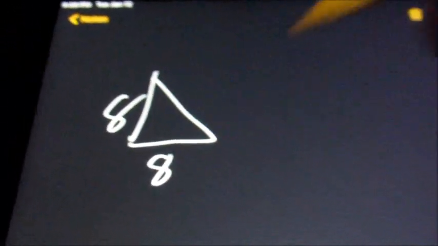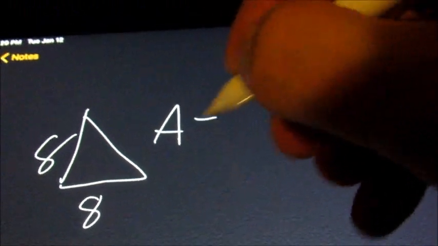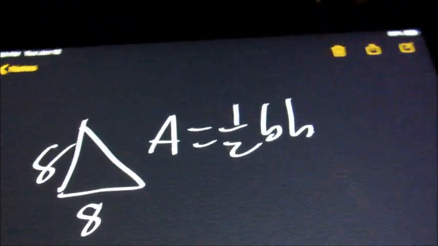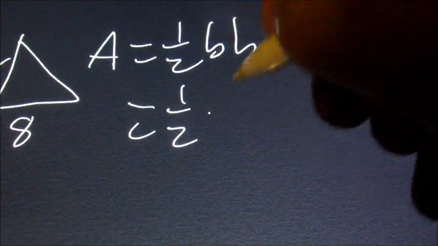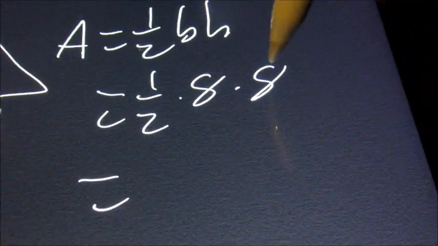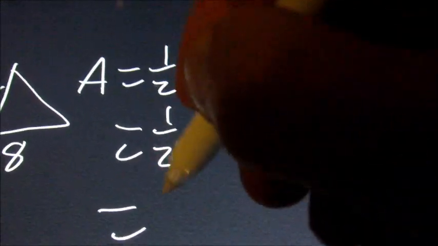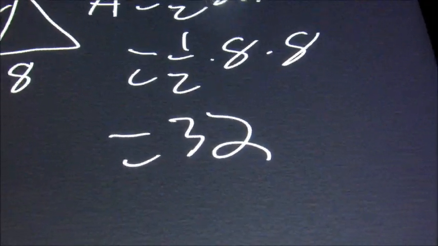So the next ones are going to be some more areas, where we have 8 for our height and 8 for our base. And if you remember, area equals 1/2 times base times height. So this is 1/2 times 8 times 8. 8 times 8 is 64. Divided by 2 is 32.